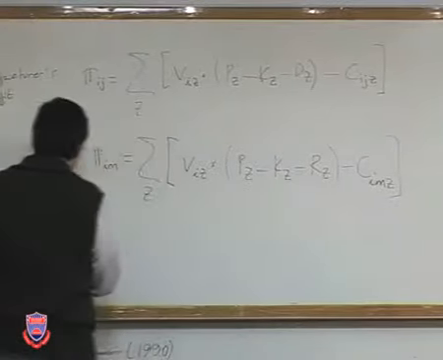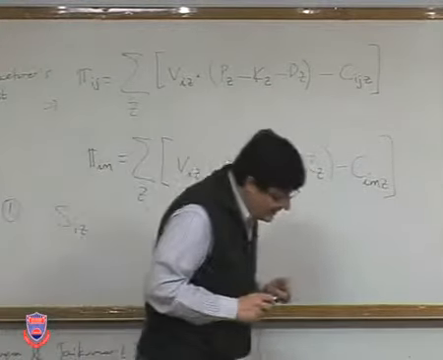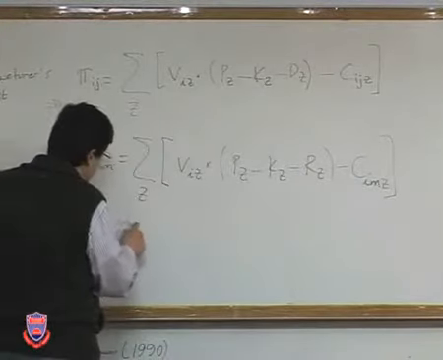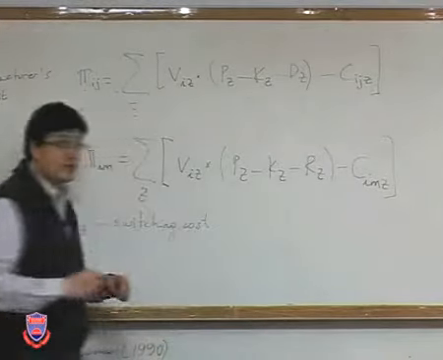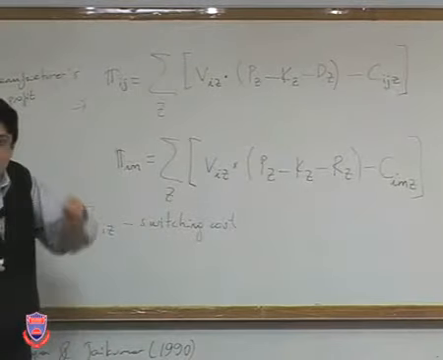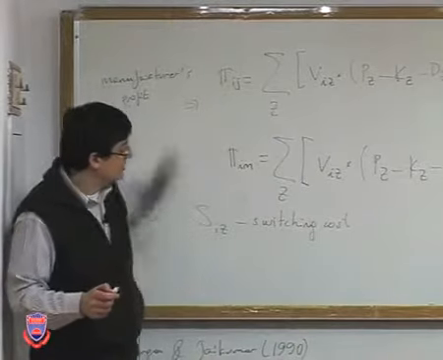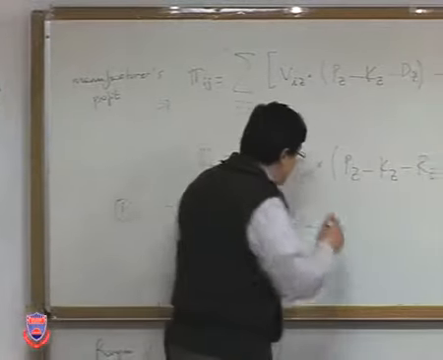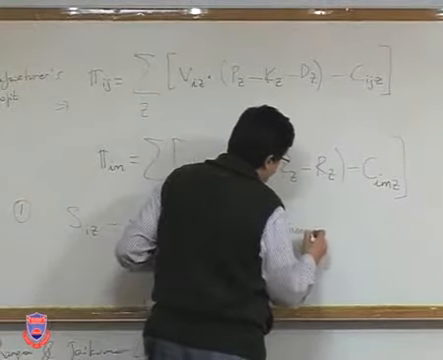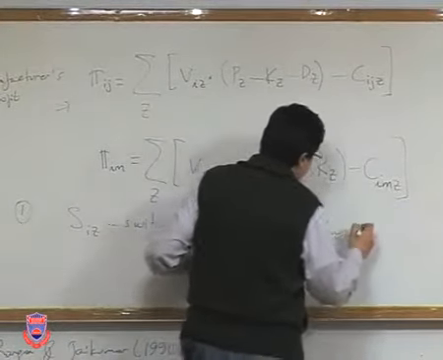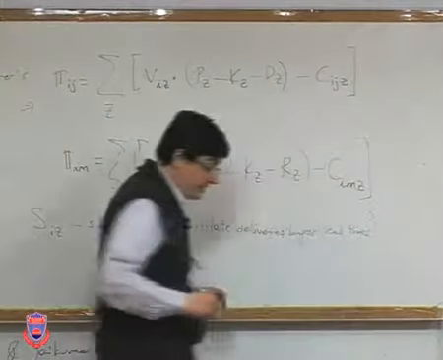Let's say that I define S sub iz as, I'm going to call this the switching cost. You only incur this cost if you switch from the wholesaler to directly using the manufacturer. And let's say that this is the cost related to late deliveries, longer lead times, etc. Of course, this is going to be per unit.